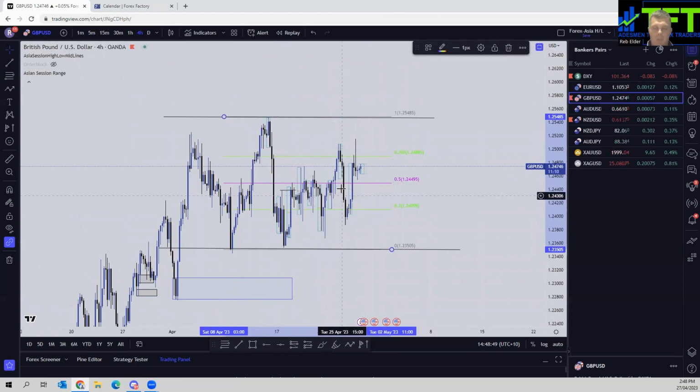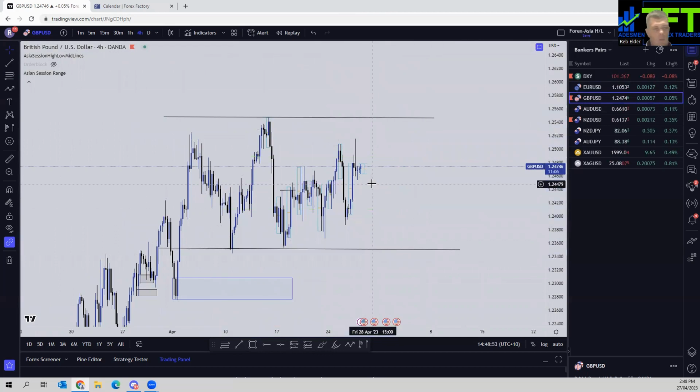So basically just waiting on GU to pick a direction and run with it. Once we've got that bias on which way it's going, then we can start to look to take some trades. But at this point in time, we're literally just sitting in the middle of the range, so it's not worth the risk. We might as well trade the pairs that are giving us a little bit more of a directional bias.